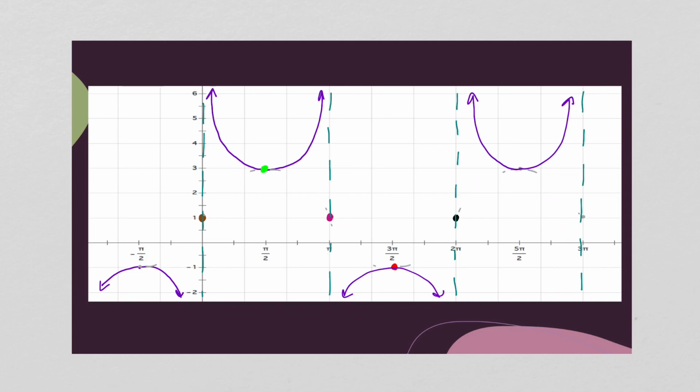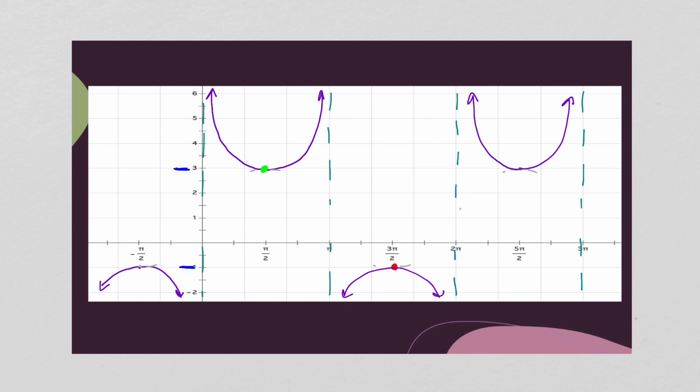Okay? So what is the range now? We can start with the range. The range is everything except for in between, because these points aren't here anymore, right? Everything except for in between -1 and 3.